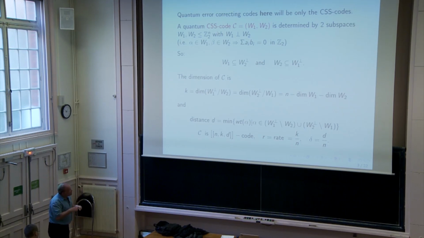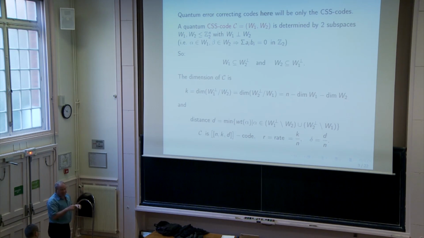And the definition of the dimension of the code in this case is k, which is the dimension of W1 perp modulo W2, and it's a trivial linear algebra exercise to see that this is equal to the dimension of W2 perp modulo W1, and this is equal to n minus dimension W1 minus dimension W2, right?